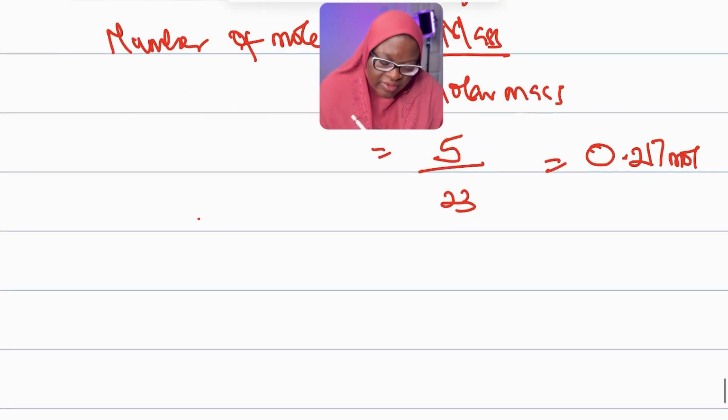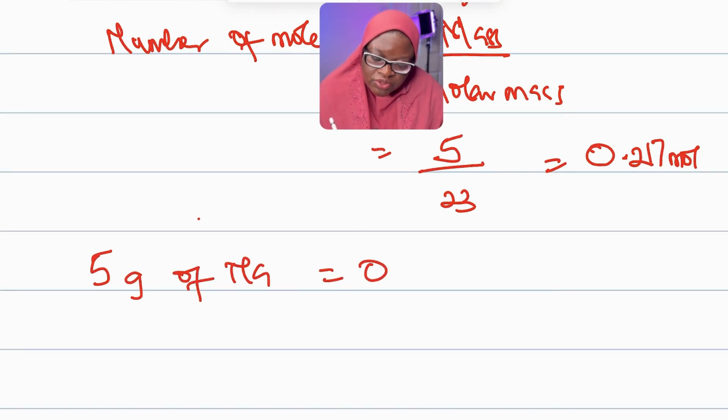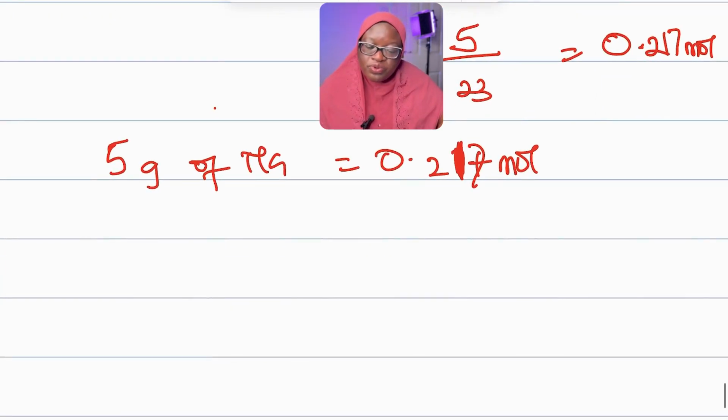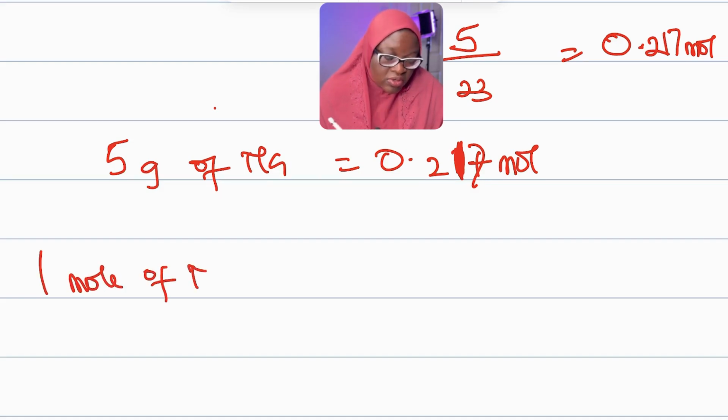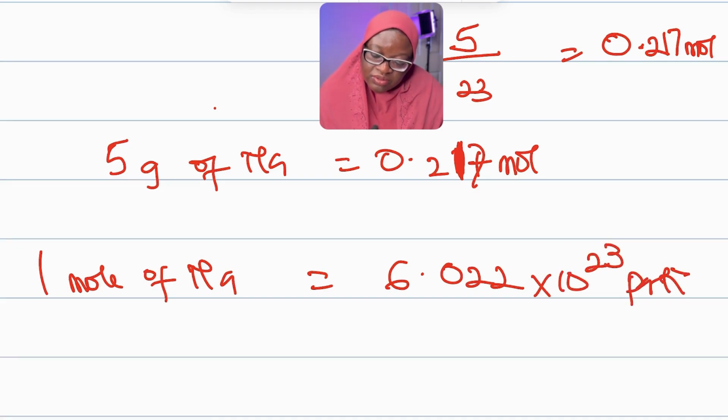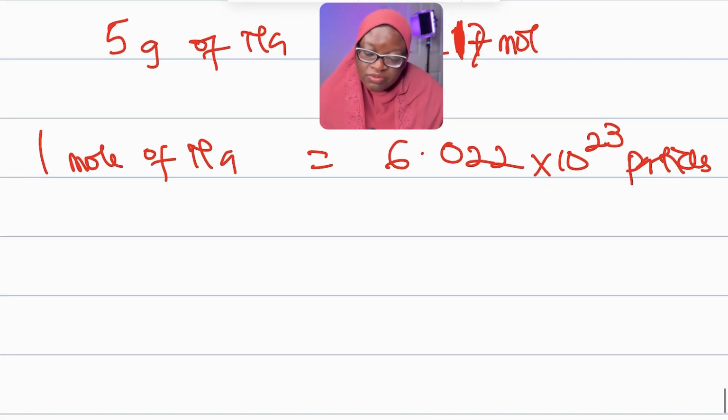So 5 grams of sodium is equal to 0.217 moles. But we know that 1 mole of sodium, or of any material, is equal to 6.022 times 10 raised to power 23 particles. So how many atoms do we have in 0.217 moles? We just plug that in.